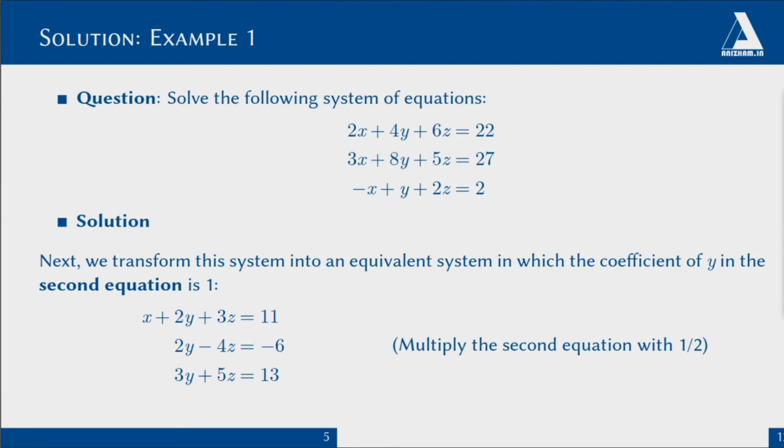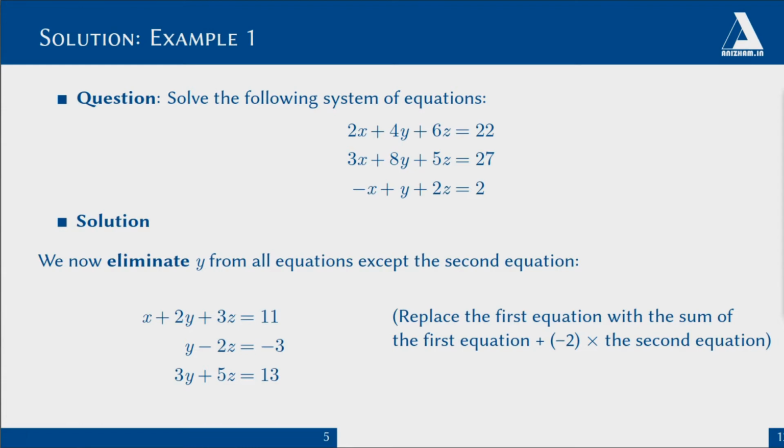Now in the next step, we have to transform this system into an equivalent system in which the coefficient of y in the second equation is 1. So in order to make the coefficient of y in the second equation, which is 2, as 1, we have to multiply the second equation with 1 by 2, so that 1 by 2 into 2 will be 1.